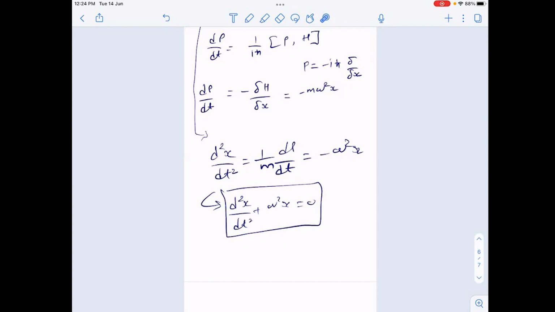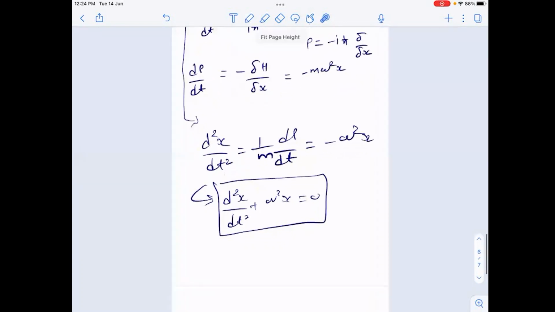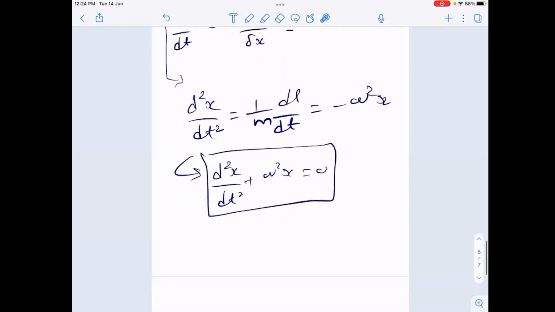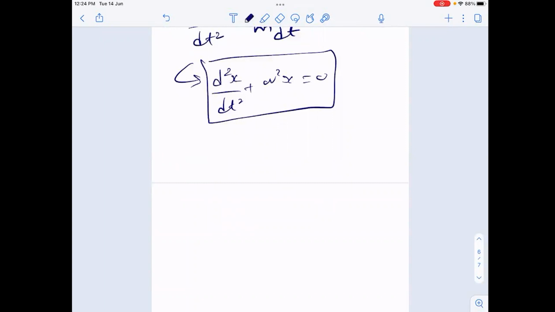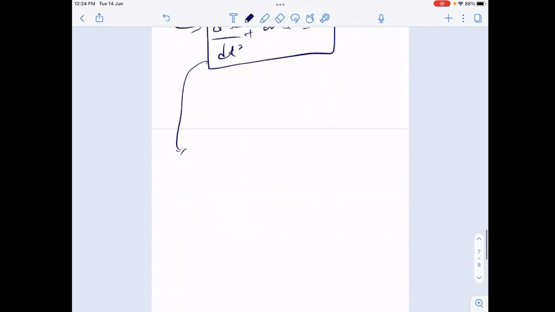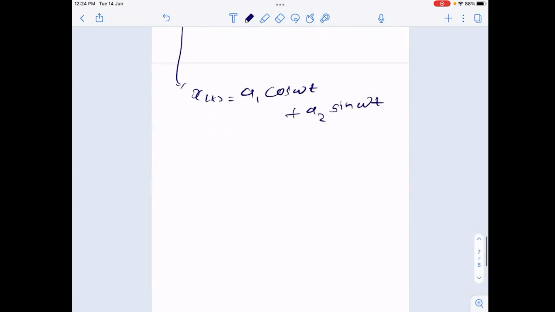Now going ahead with this d square x by dt square, this is like the classical equation of a simple harmonic oscillator. What is the solution? We all have gone through this, and the solution is given by x(t) is equal to a1 cos omega t plus a2 sine omega t, right?